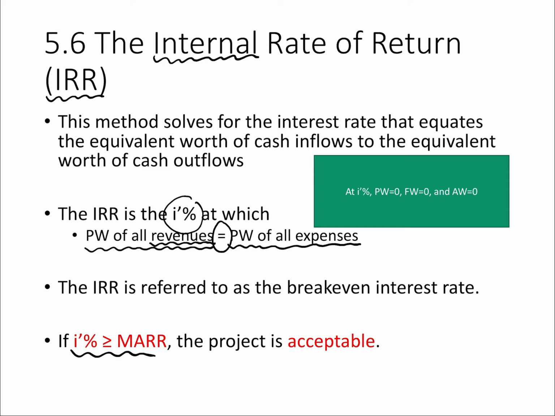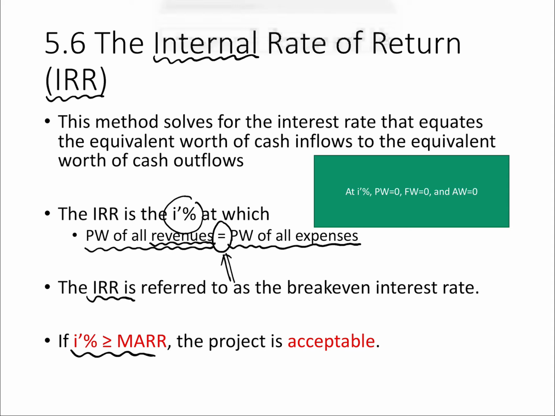Once you solve the equation and get the I prime percent, you compare that with your MARR to see if it's bigger than or equal to it or not. If it's bigger than or equal to the MARR, then you say that proposal is acceptable. Otherwise, you reject it.